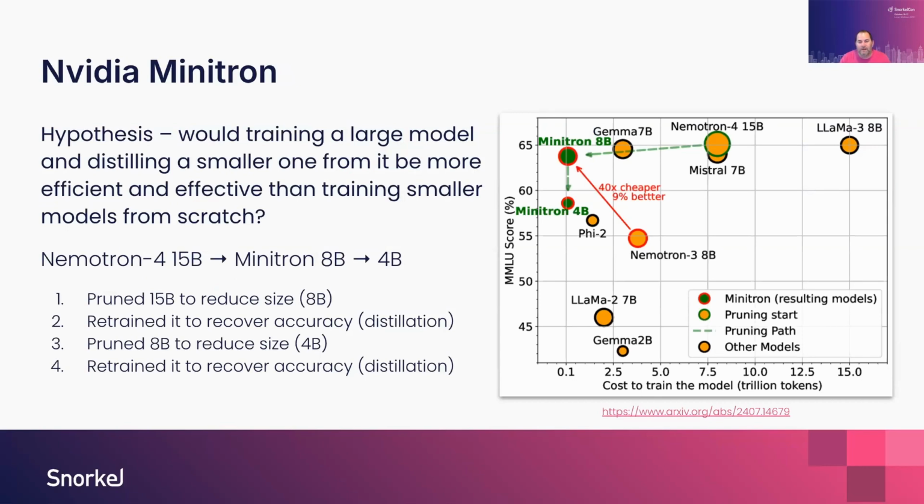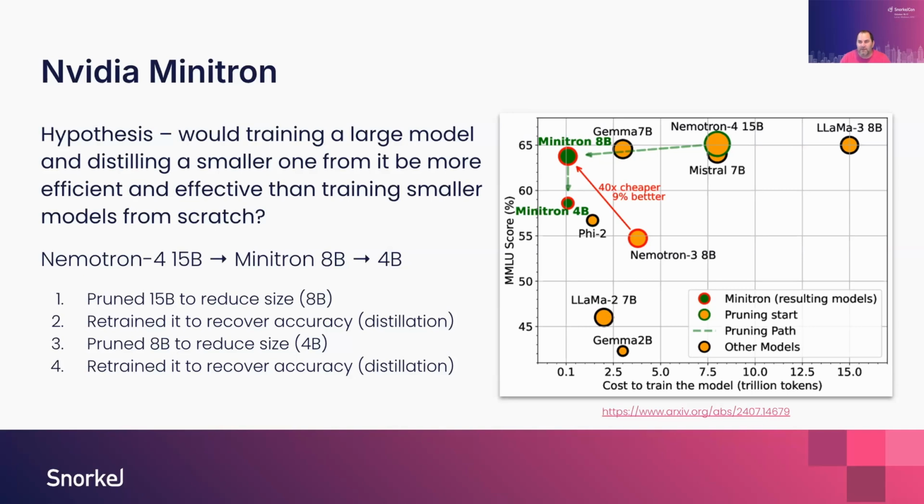Fast forward a little bit, and NVIDIA just published a research paper not too long ago. I'm not going to do it justice here, so I encourage everyone to check it out. But the summary is this notion of, instead of pre-training a variety of models in a family, from very small to very big, what if we simply started by pre-training our large model?